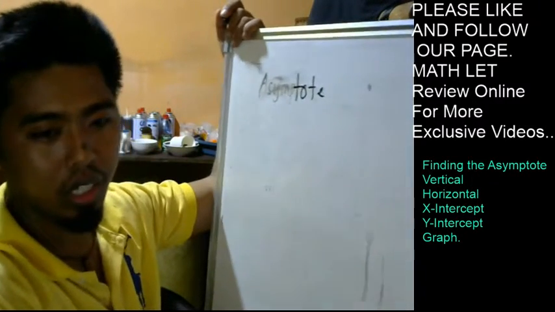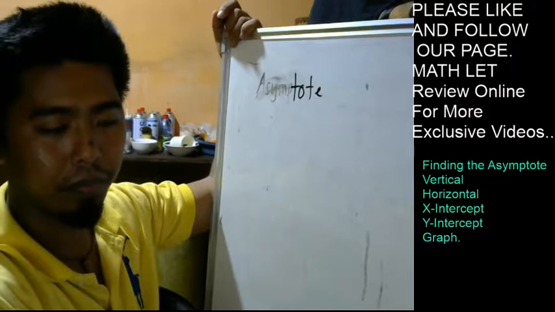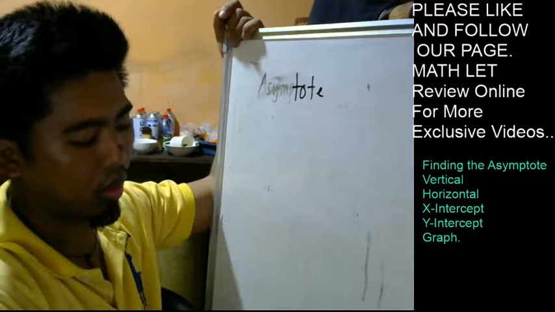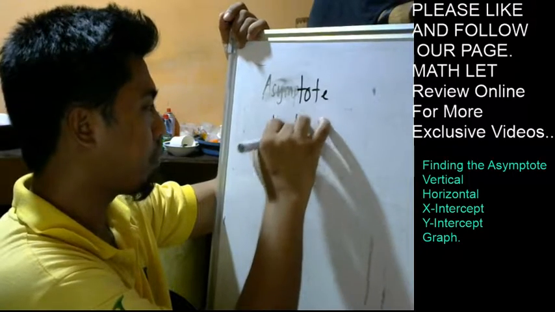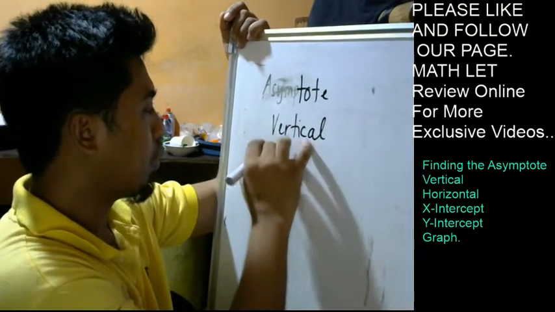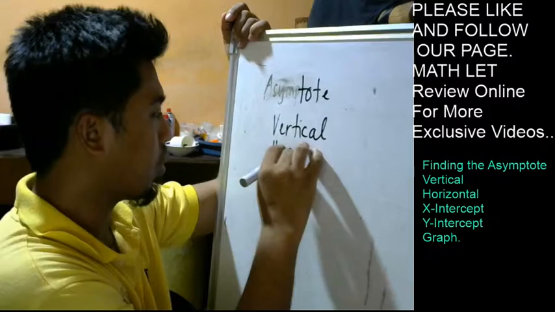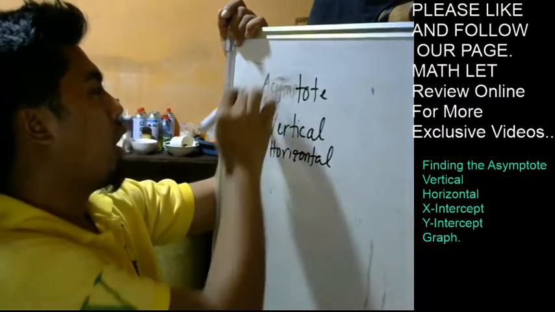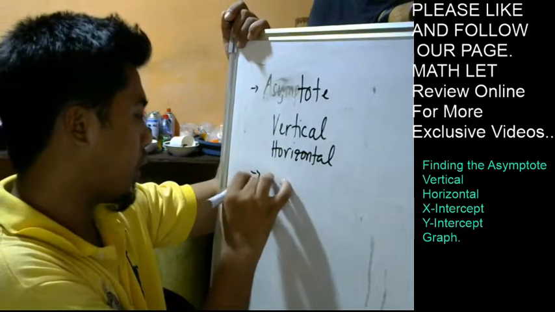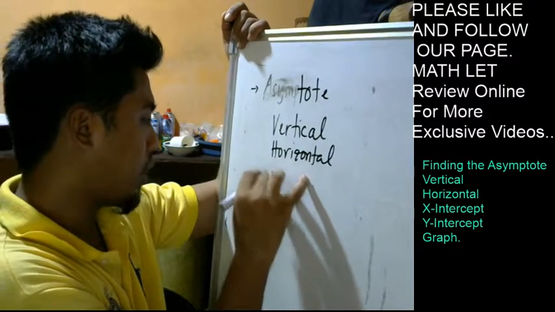Naa pay ikatulo, ang slant asymptote, but for now ang ato lang i-discuss ang vertical asymptote and horizontal asymptote. Okay, after asymptote ang ato pong i-discuss kay intercepts.